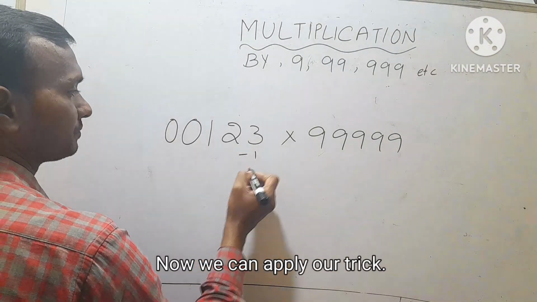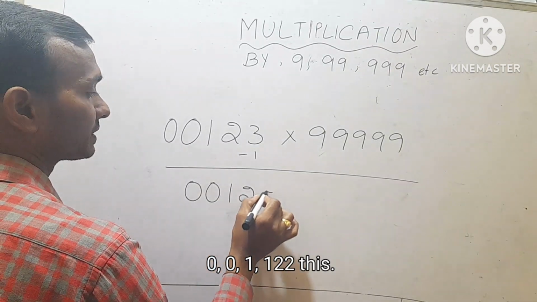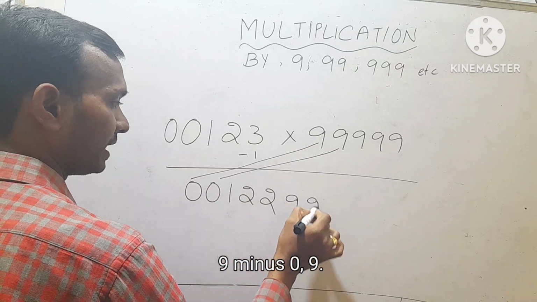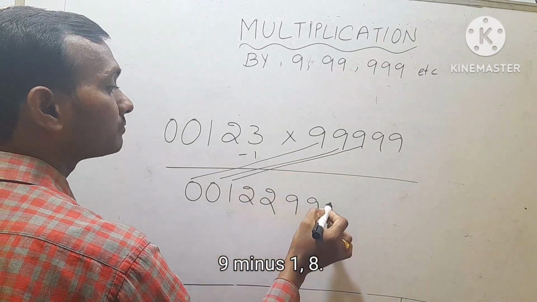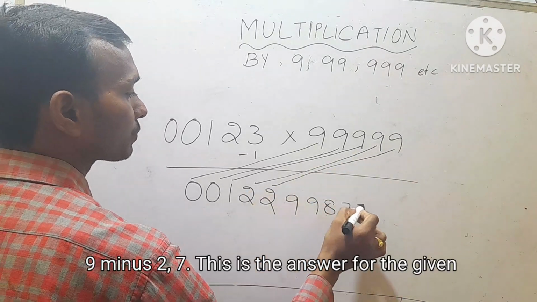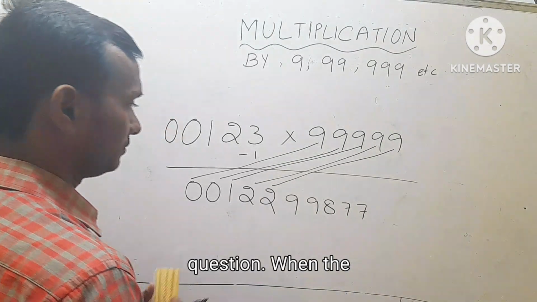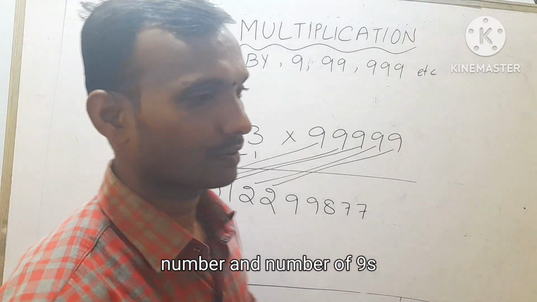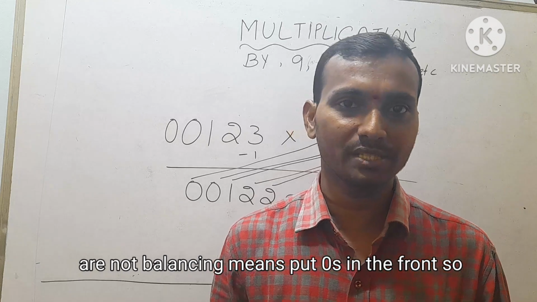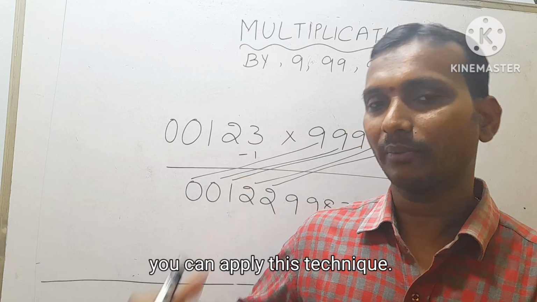Now we can apply our trick. 0, 0, 122. 9 minus 0, 9. 9 minus 0, 9. 9 minus 1, 8. 9 minus 2, 7. 9 minus 2, 7. This is the answer for the given question. When the number and the number of 9s are not balanced, put zeros in the front so that both will be balanced. After that, you can apply this technique.